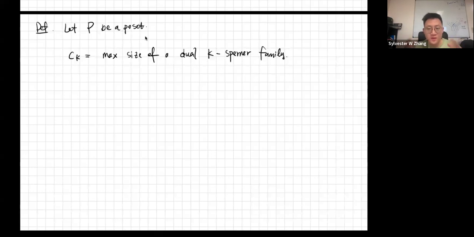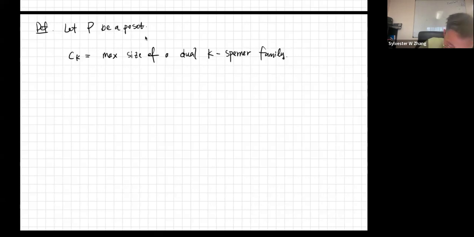So you look at all the dual K-Sperner families of this poset, and calculate the maximal size. In other words, you're allowed to take K subchains of the poset, union them, and calculate the total number of elements, and C_K will be the largest possible number you get from this process.